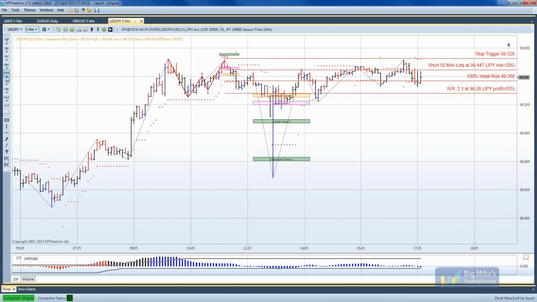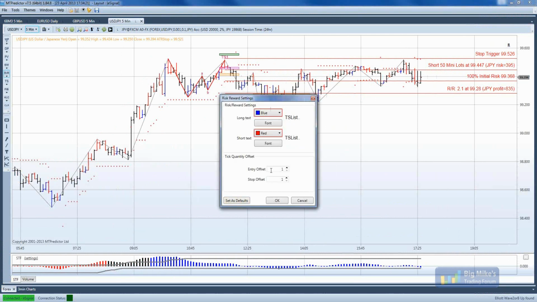If you want to, for example, if you're trading Forex and you want to give it a little bit more wiggle room, so to speak, you can offset your entry level and offset your stop level by however many ticks to give yourself a bit more room, because particularly in Forex, sometimes a one tick stop can be too tight. So yes, you can adjust some of these things in the software as well. Okay.